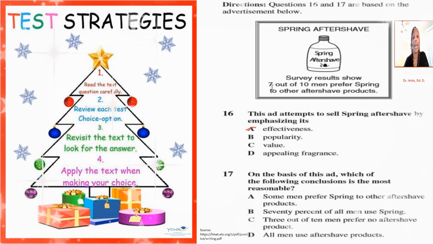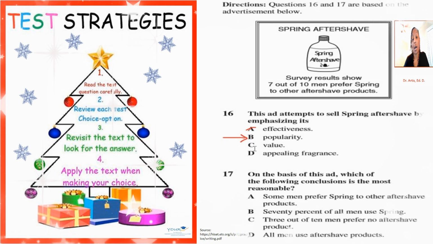We know that 7 of these men liked Spring aftershave more than they liked the other aftershave products, or they favored it more. And so option B is our correct choice.